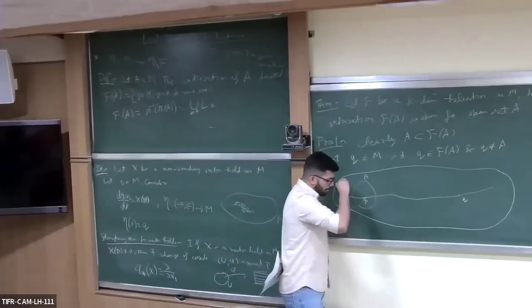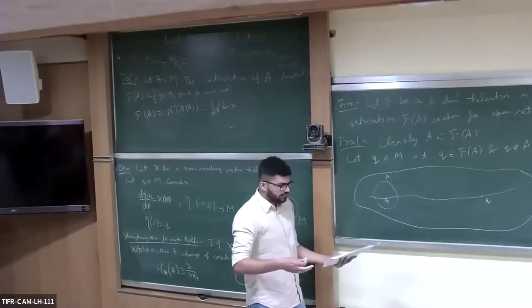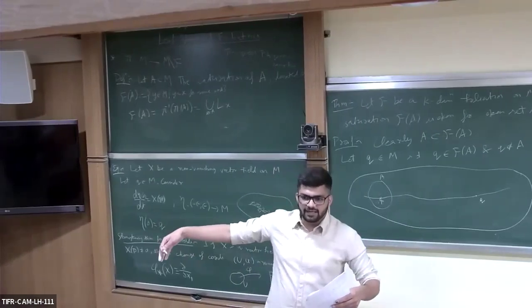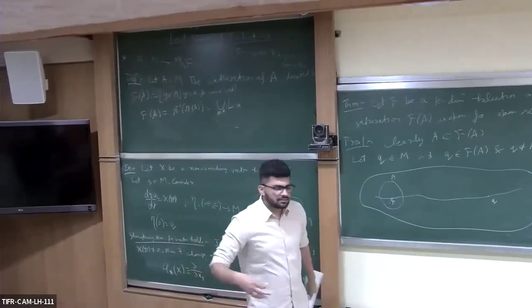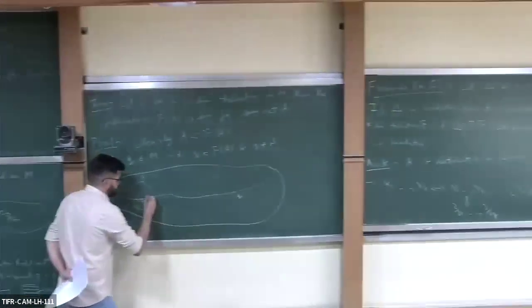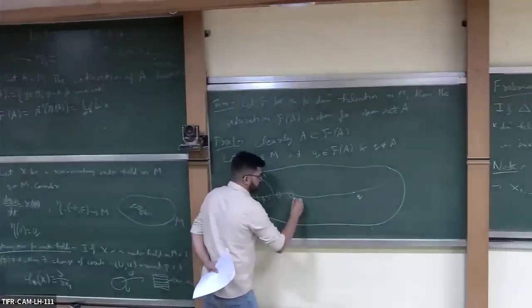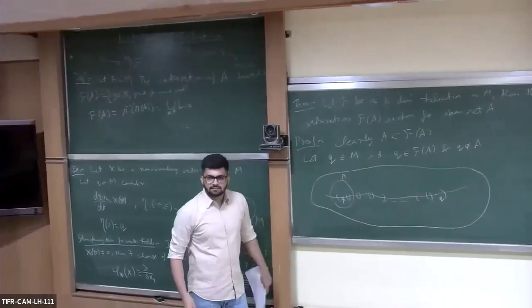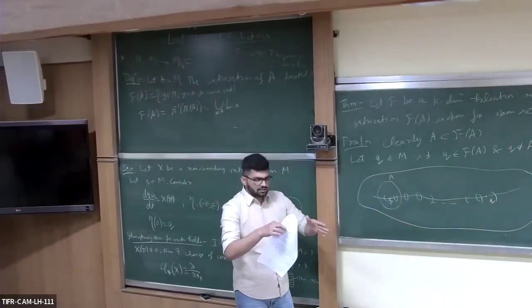By definition, we said that two points are equivalent if there is a sequence of flakes connecting these two points. That is, I have these flakes, which come from local charts.